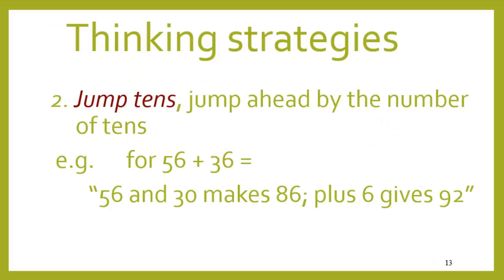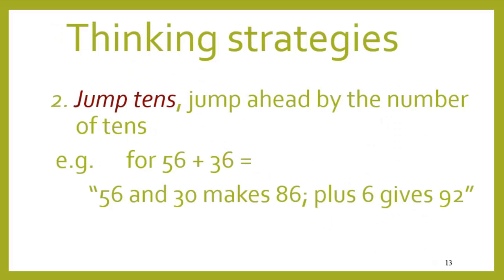So they've recognised that 66 is below 56 on the 1 to 100 chart, 76 is below that, and 86 below that. Jump ahead, 56 jumping ahead by 30 gives you 86, and then adding on another 6, well, another 4 makes 90, and you've got another 2 makes 92. So another strategy that we can use.